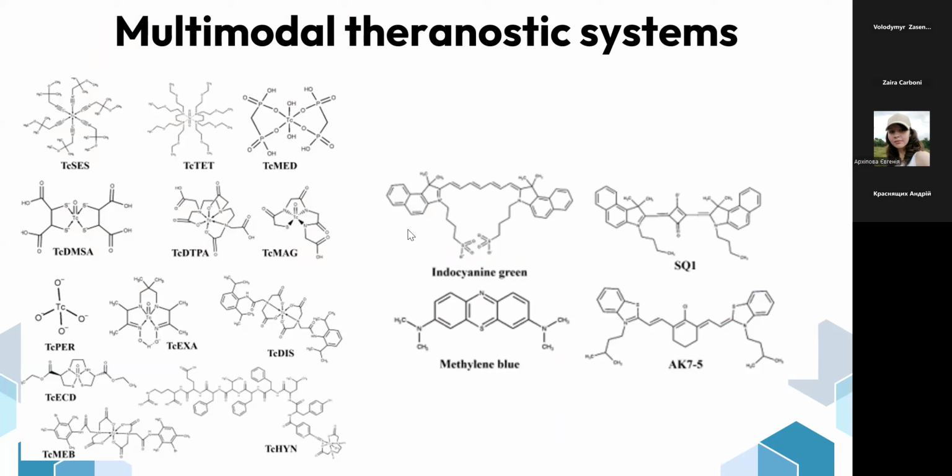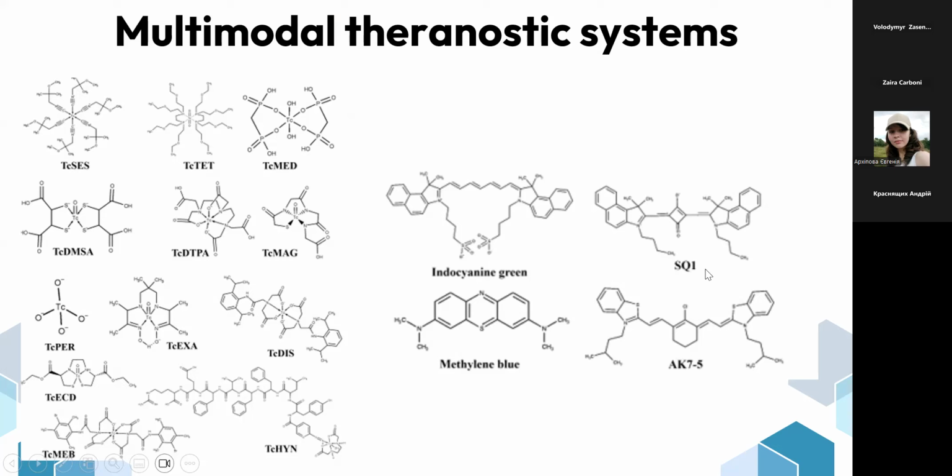For construction of such a system, we used a lot of radionuclides, actually 10, which are based on technetium-99m, and as fluorescent dyes we used four. Among them were indocyanine green, methylene blue, and two dyes which do not have specific names.